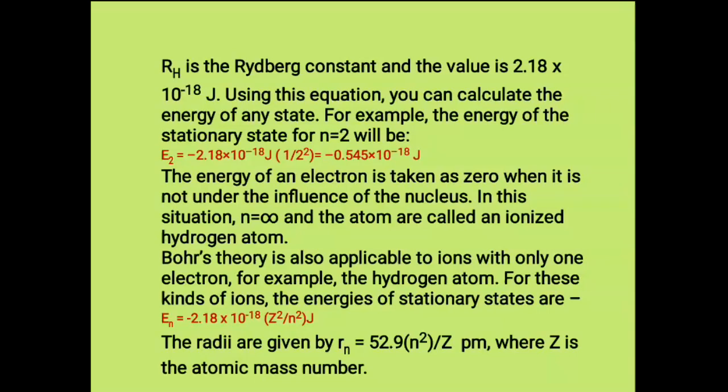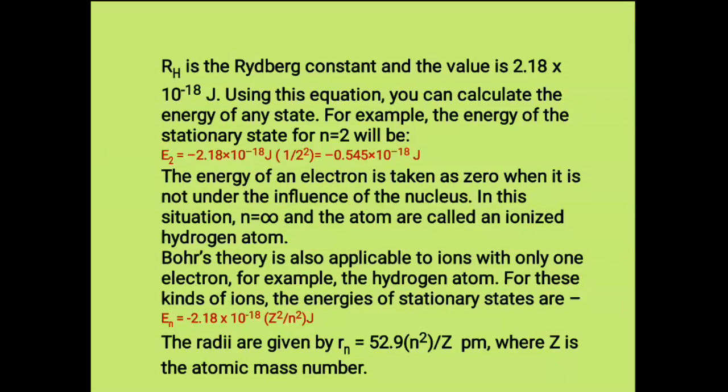So we can modify these formulas for hydrogen-like species by simply using the atomic number. For example, the energy can be modified as En is equal to minus 2.18 into 10 raised to the power minus 18 Z square upon n square, where Z is the atomic number.